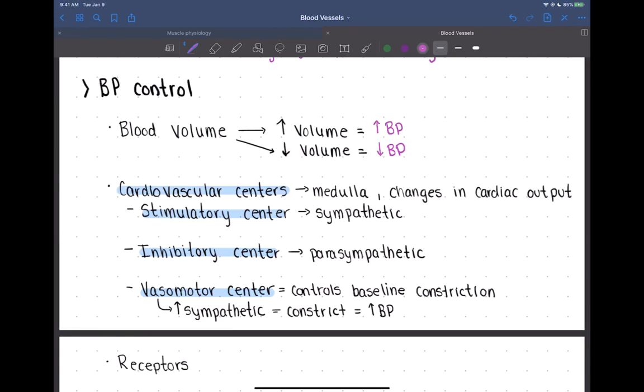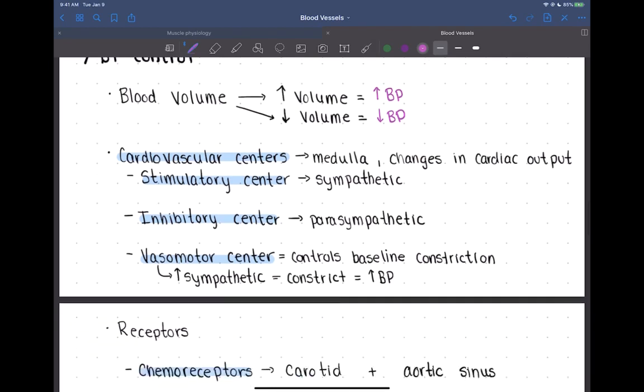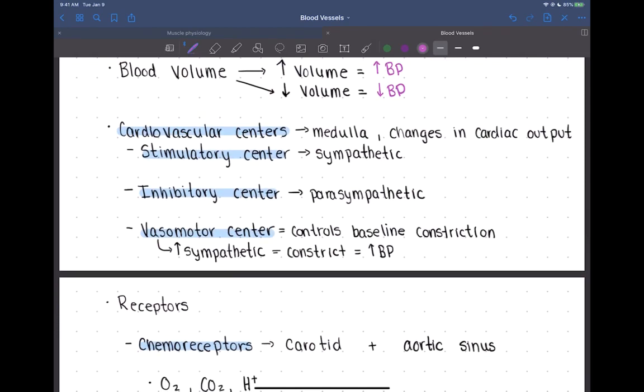And so control of blood pressure comes in part from hormones, and in part from the nervous system. So we'll talk about the nervous system first. There are cardiovascular centers in the medulla, okay? And so these cardiovascular centers will affect blood pressure by changing the cardiac output, okay? We talked about that in our last chapter with cardiac output. And within these cardiovascular centers, we have a stimulatory center and an inhibitory center.